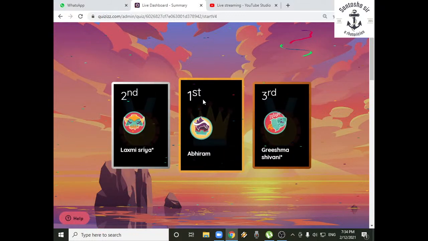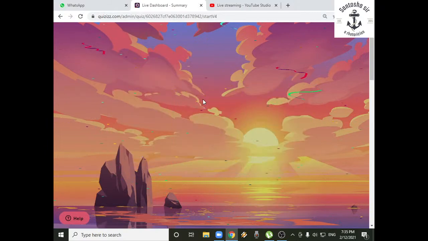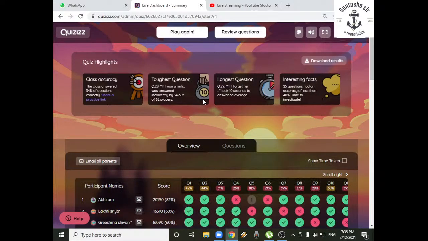So we have Grishma Shivani third position, Lakshmi Surya second, and Abhiram first position. Congratulations to all of you. I appreciate time and effort of all the participants.